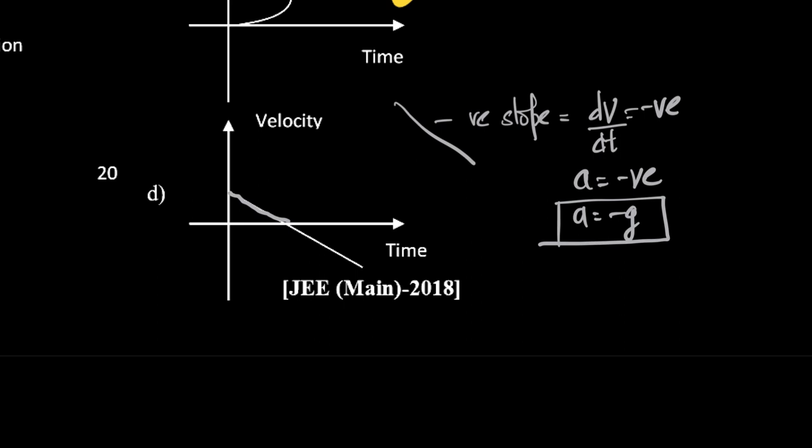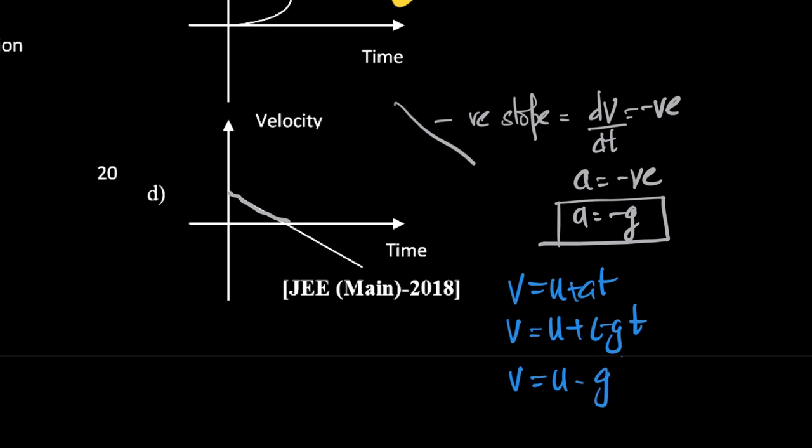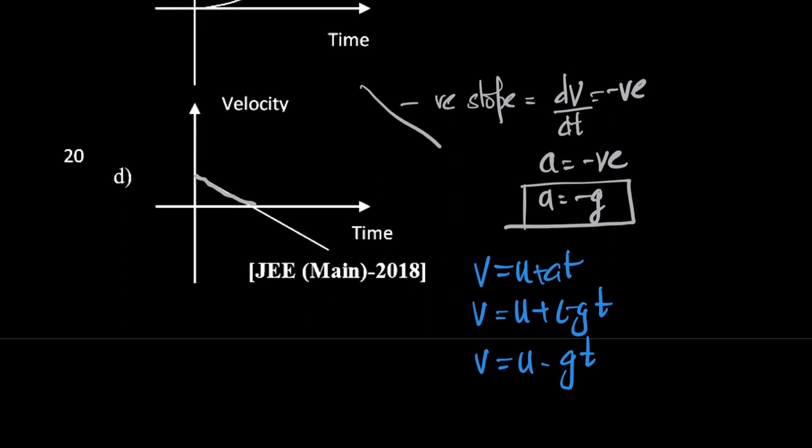Now, this simply gives a correlation that since a is minus g, the velocity will be given by the relation v is equal to u plus at, which is basically v is equal to u plus minus gt. Therefore, v is equal to u minus gt, right? And now if you try to understand with the mathematical part, this can be written as y is equal to c plus mx, right?